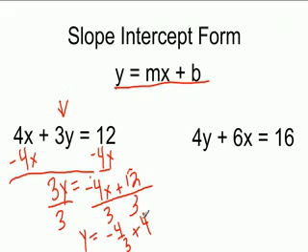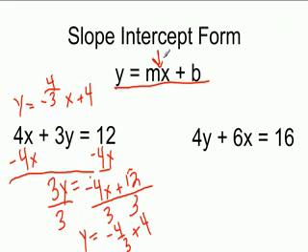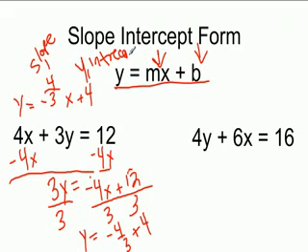So now our equation reads y equals negative 4 over 3 x plus 4. Now that it is in slope-intercept form, we can figure out the slope and the y-intercept. This is the slope and this is the y-intercept.